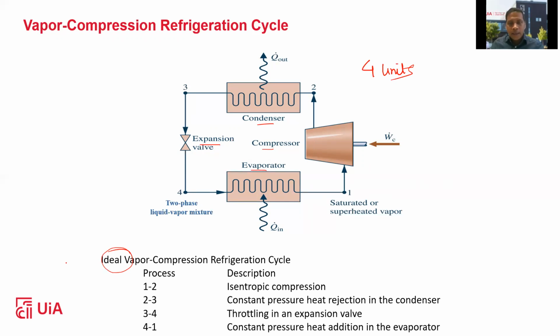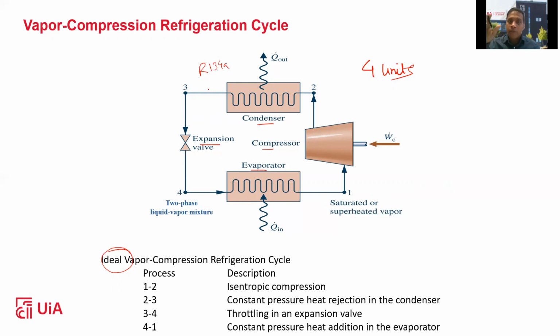So in this case, as you can see, first, as I mentioned, there is a refrigerant. For example, in this case, as an example, we are taking refrigerant R134A. According to the different application, you can choose different types of refrigerant. I will talk about the refrigerant in the next lecture.